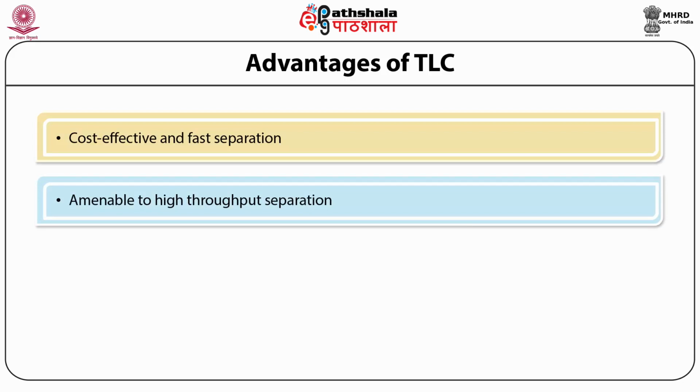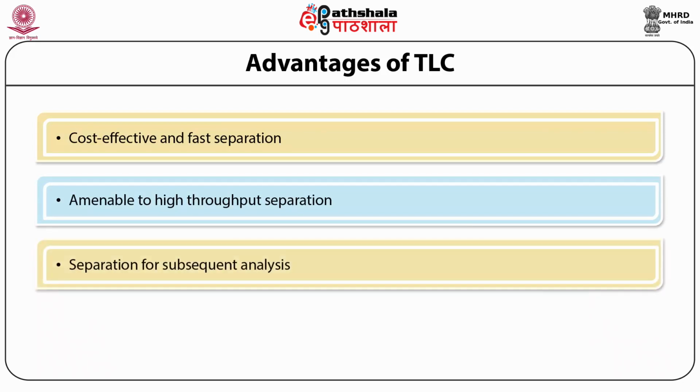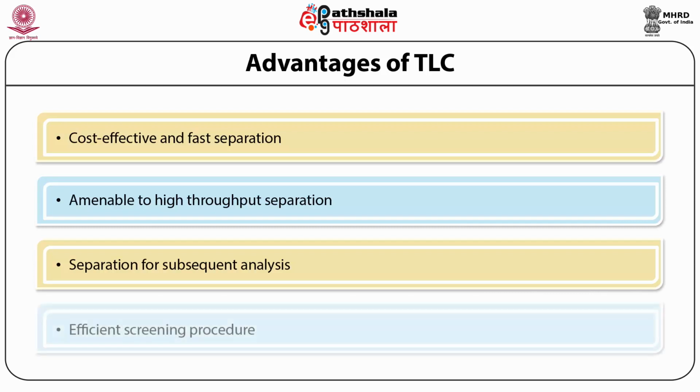Then it is good for a preliminary separation of compounds for subsequent analysis. For example, in the picture shown to you, the spots of the different kinds of lipids would now be eluted and then run on a gas chromatograph for further analysis of their components. And it is an efficient screening procedure before going on into more comprehensive analysis.